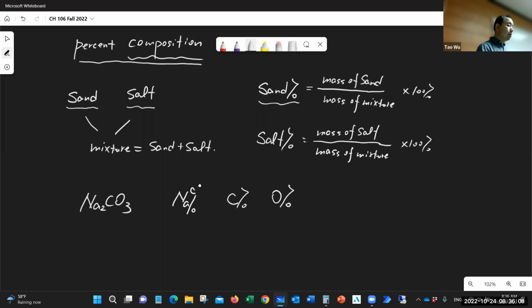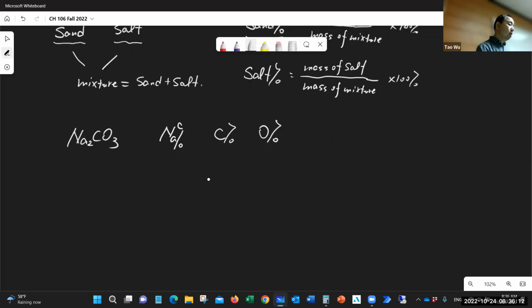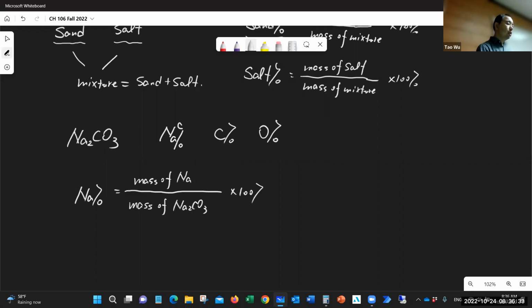For the sodium percent, what you need to figure out is the mass of the sodium divided by the total mass of the sodium carbonate, and times 100%.